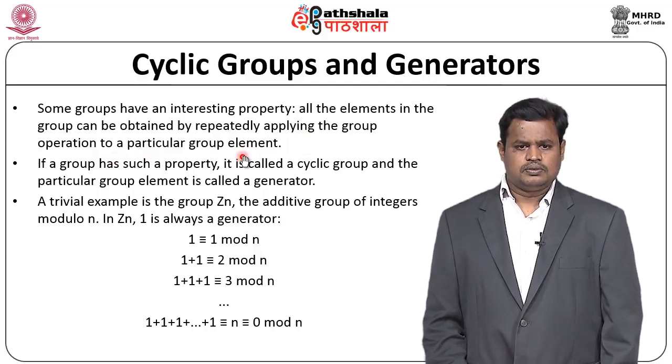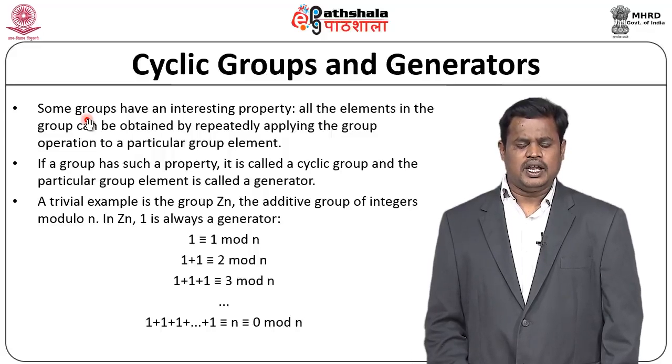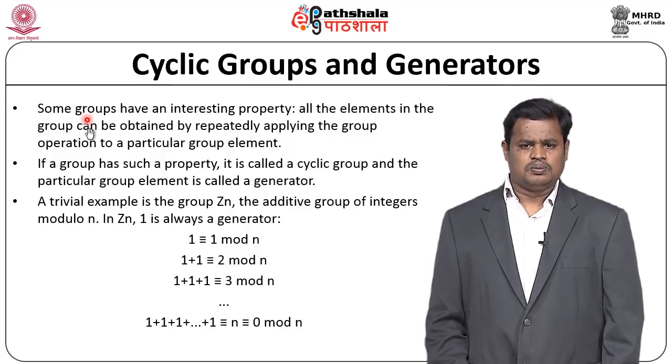So, we know what is a group. A group is a set of elements which has properties like commutative, associative, identity, inverse, then we can say all the elements are in that group.